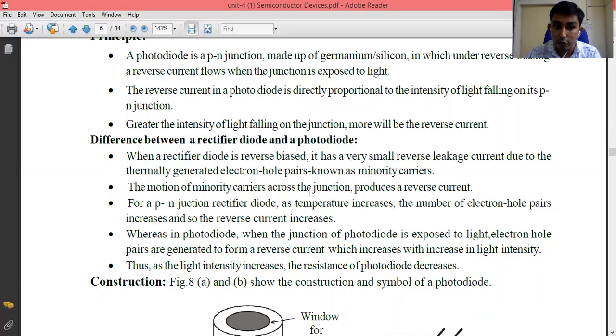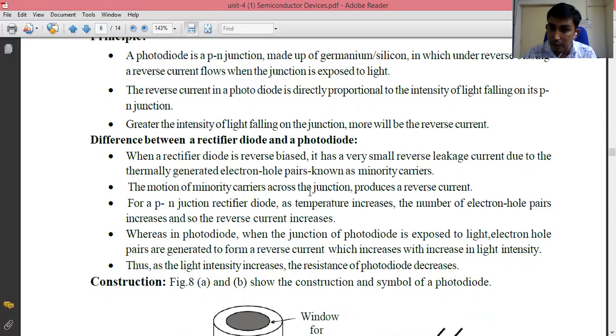Whereas in the photodiode, when its junction is exposed to the light, more holes and electrons are generated because of the photons, because of that light.